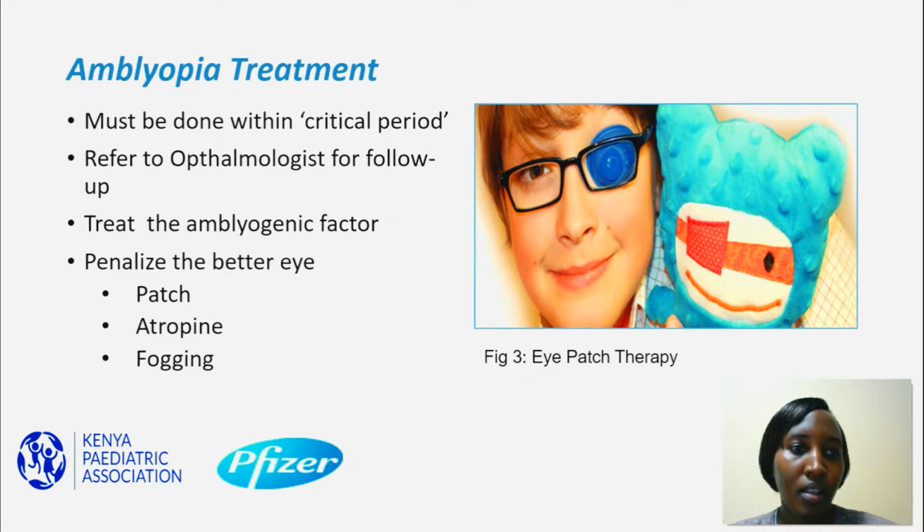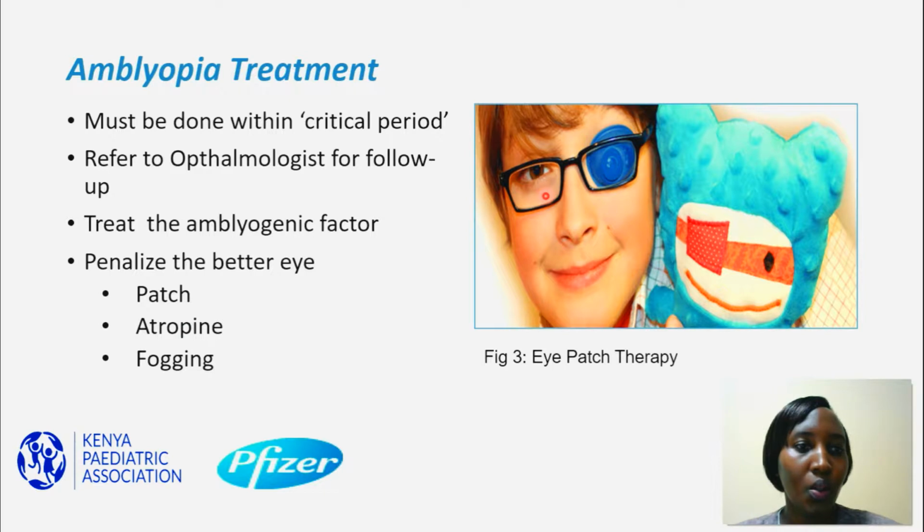And next, the definitive treatment is to penalize the better eye, as shown in figure 3. And there are various options of penalizing. You can either patch the good eye, as shown in this patient, so that you stimulate the eye with the poorer vision to develop optimally in terms of vision.